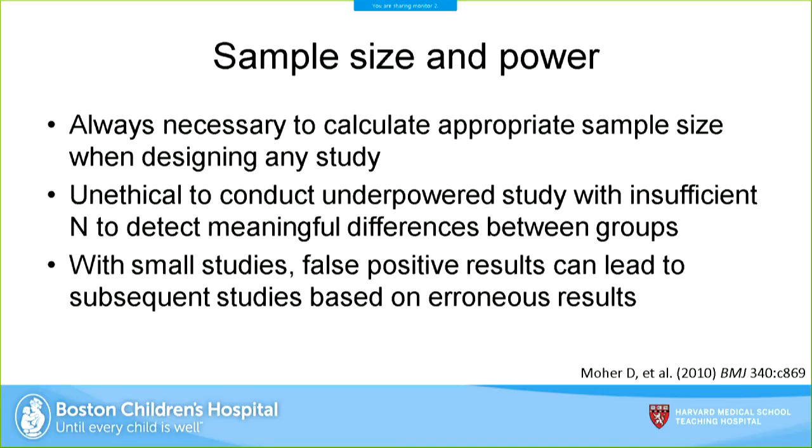And essentially, it's really unethical to conduct an underpowered study with insufficient sample size to detect a meaningful difference between groups or to have a certain precision in your estimate. So you're going to conduct a study with 5 mice. Well, you're not going to really be able to answer your question, so you're kind of wasting resources and time.